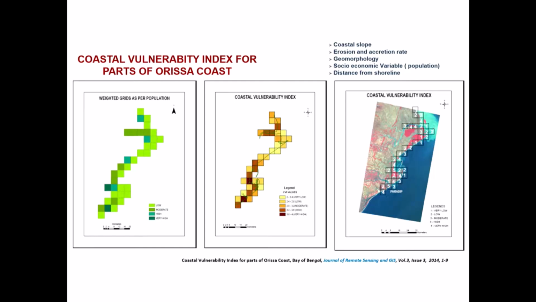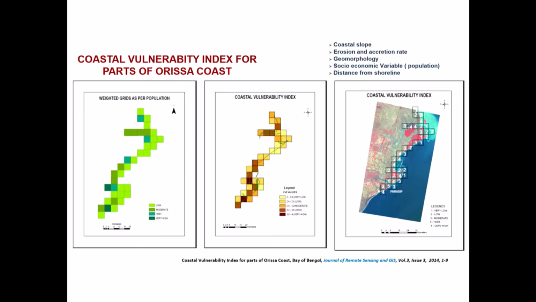And you can also generate a coastal vulnerability index, taking the coastal slope, erosion and accretion, geomorphology of the coast, and socio-economic variables, and that is distance from the shoreline.